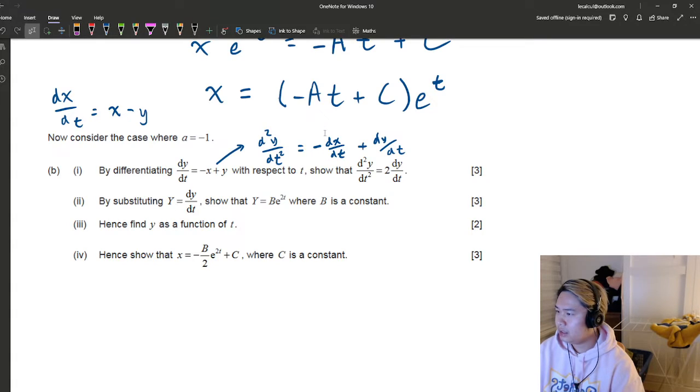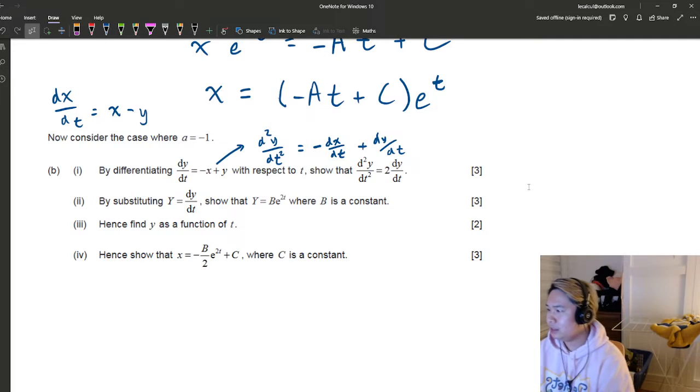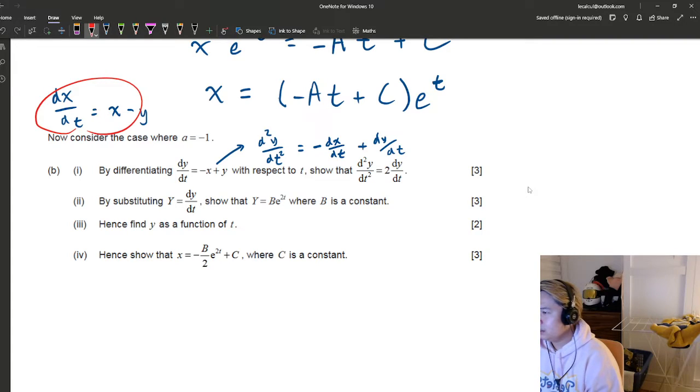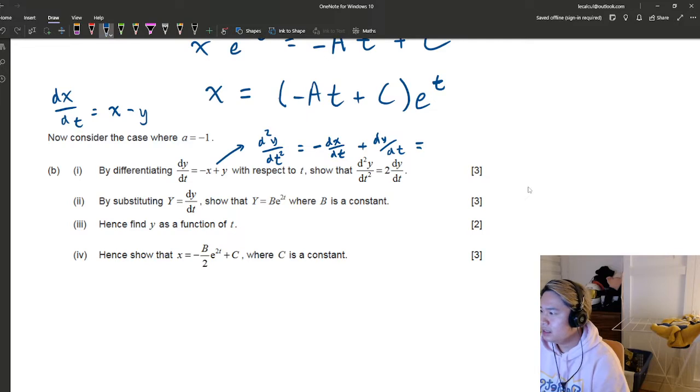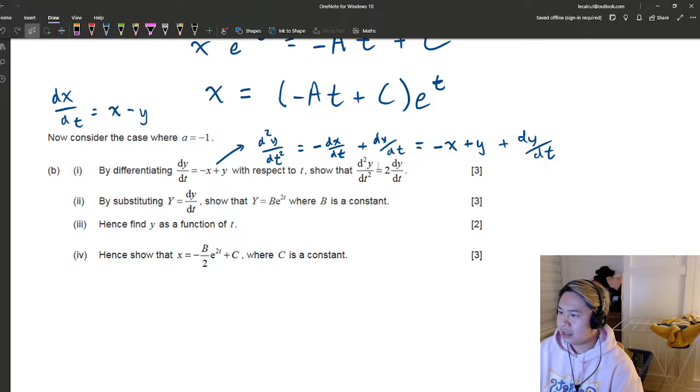Okay, I'm going to do some substitutions, I guess. So for negative dx/dt, we're going to use this formula right here, the first linear equation. So negative dx/dt is the same as minus x plus y plus dy/dt.